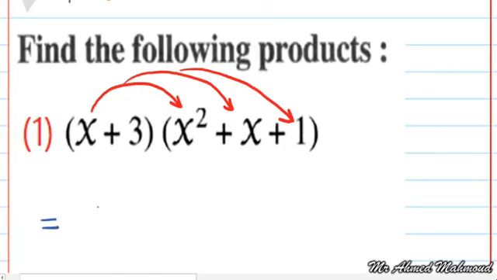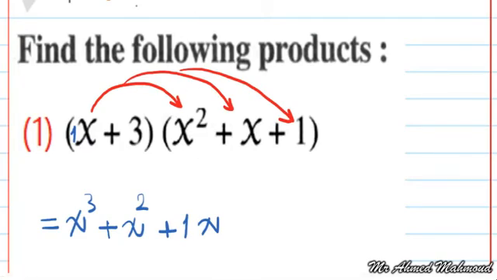x times x to the power of 2 equals x to the power of 3. x times x equals positive x to the power of 2. And x times 1 equals, don't forget, there is 1 here, 1 times 1 equals positive 1, and write down x. This is the first step. The second step, I'm going to distribute 3 among the bracket.